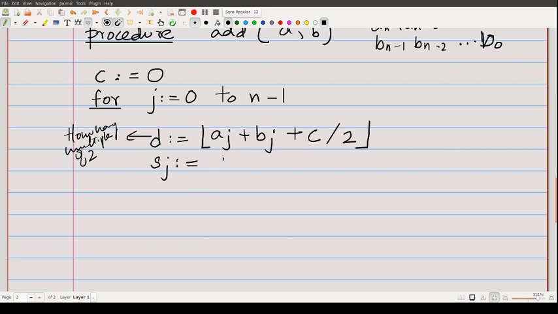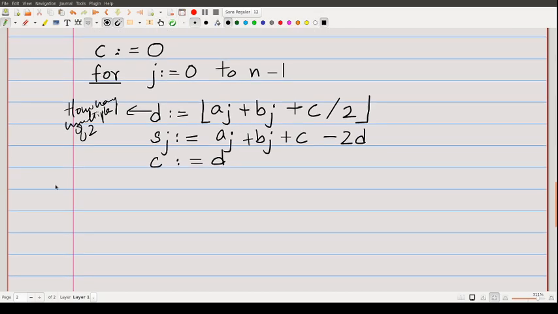Then S_j is a_j plus b_j plus c, and we subtract these multiples of 2 from it, minus 2 times d, and then c we set to be d because that was the carry. And we keep doing this loop up until we get to the last digit. This might be a bit confusing, we'll go through this, but the idea is the same.